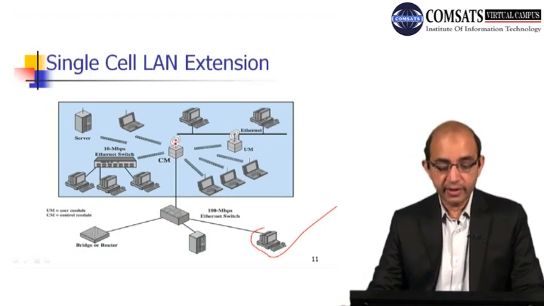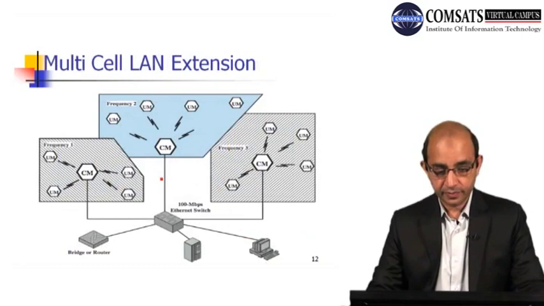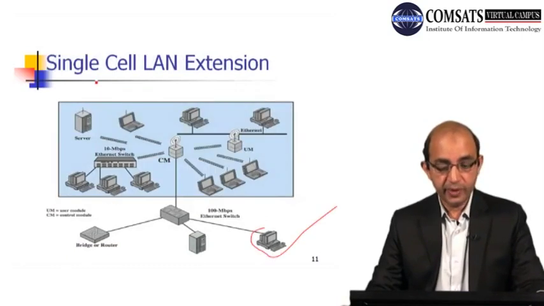So you can see that this wireless communication is accessible over this LAN. In this way we can extend our existing LAN infrastructure to have wireless LAN. And here we have built a single cell LAN, right?